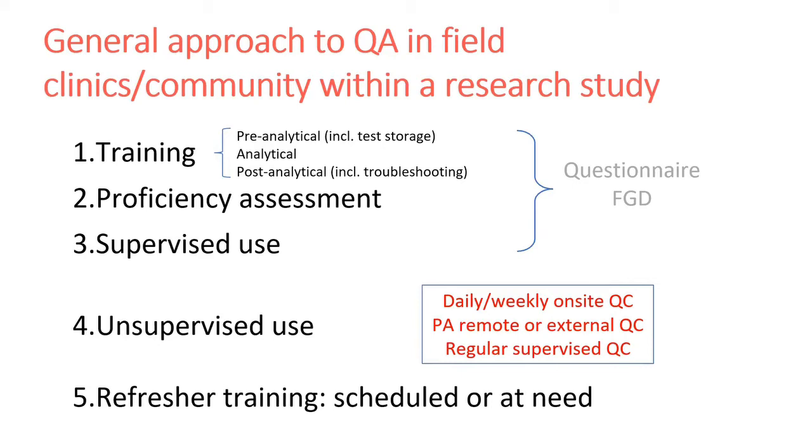We can also organize a post-analytical QC where, for example, the RDTs are sent from the community back to the central lab, and there they are inspected. Or we can organize an external QC where samples with known characteristics are sent from a central national lab to field settings, the test is performed there, and the results are then compared to give feedback.